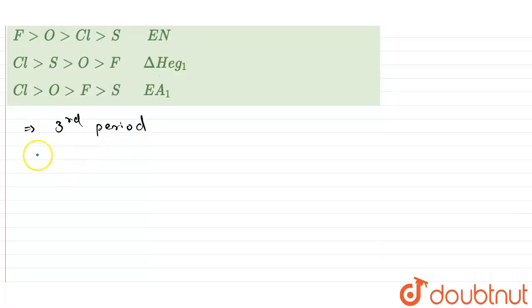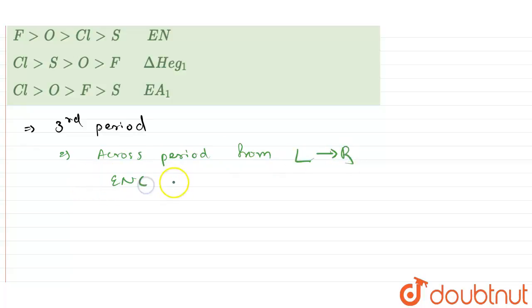And we know that when we move across a period from left to right, the effective nuclear charge is increasing. This will imply that size is decreasing.